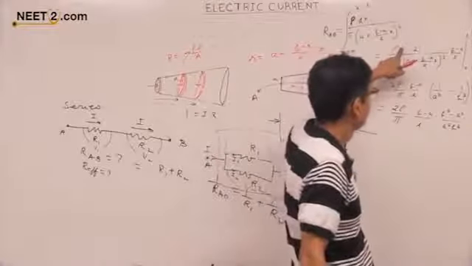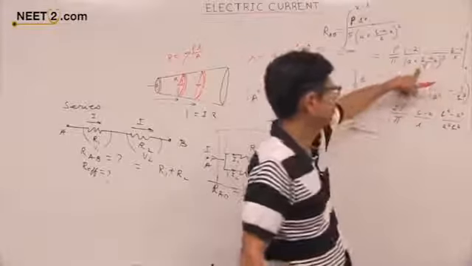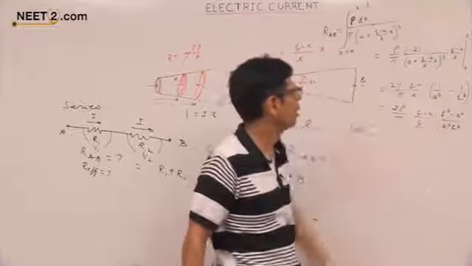So this is rho, this is dimensionless, this is definitely not A because it is volume.